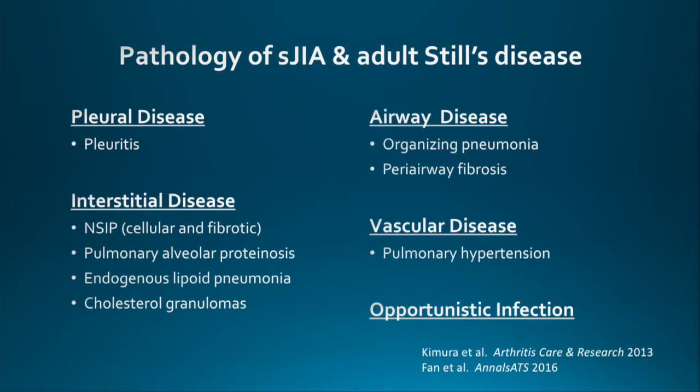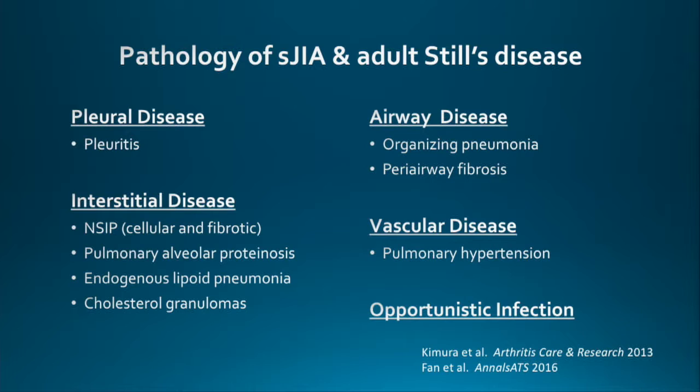So we know, based on the case reports as well as the large case series that have been reported, including by Camara as well as the Children's Interstitial Lung Network, that there are several manifestations in terms of the pathology of sJIA. They definitely have pleural disease, often in the form of pleuritis. They have variable interstitial lung disease, and you've heard a lot about pulmonary alveolar proteinosis and endogenous lipoid pneumonia, which I'll talk more about.